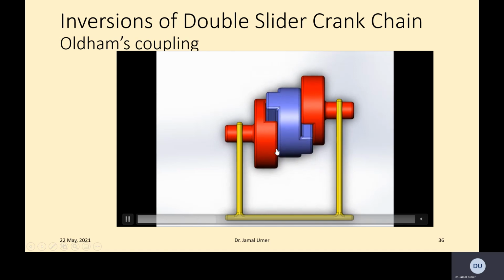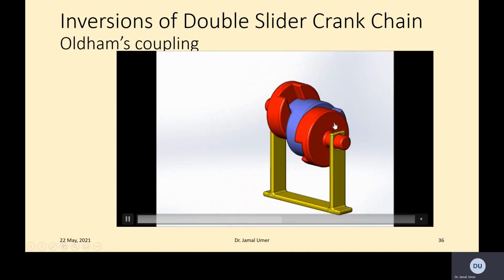It is quite interesting. You see the driving shaft is here, let's say at this one, and the driven shaft is a little bit up, so they're not on the same axis. Now this angle shows very nice movement. The intermediate piece keeps sliding within the flanges.